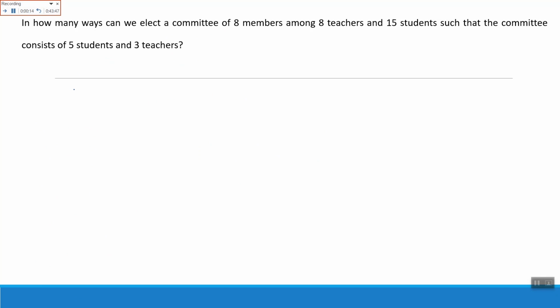This is a question that we solved before. We leave this as homework. Please try to solve this one and send it to me. I think it's an easy question.